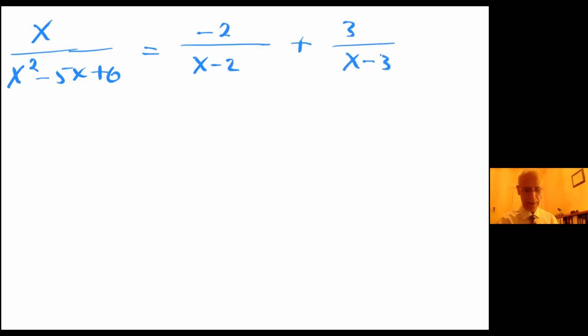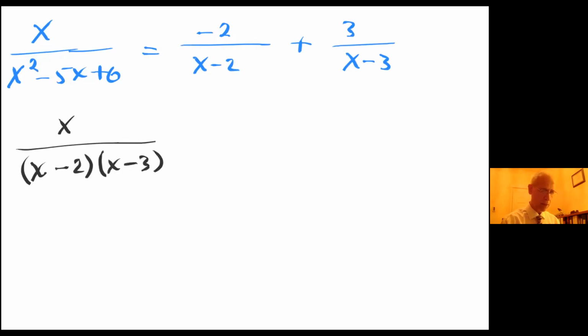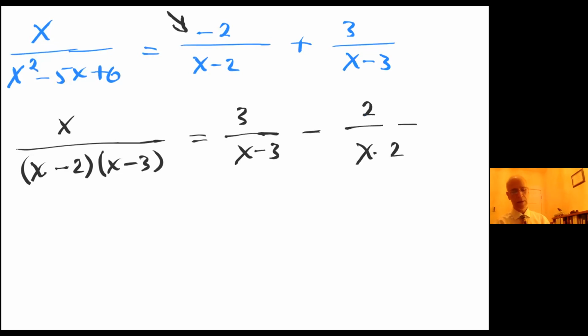I personally don't like this form very much. I personally like the format of x over the factors, x minus 2, x minus 3. I like this one better, equal to 3 over x minus 3. And since this one is negative, I'm going to write this one as minus 2 over x minus 2.